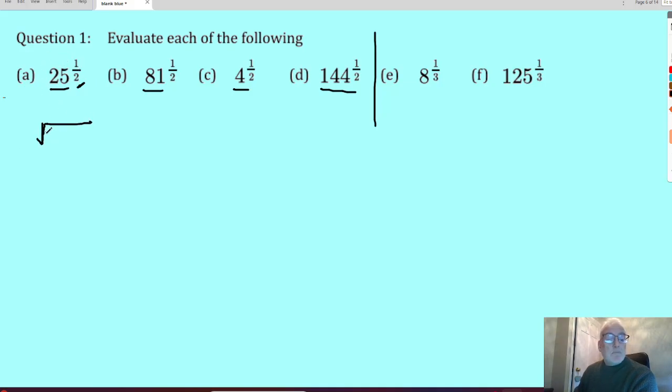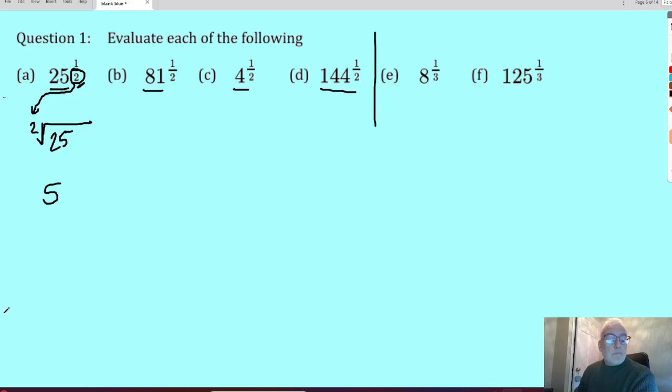So I'm going to put my base number inside the root sign, and the denominator of the fraction I'm literally going to put outside of my root. So in this one, this turns it into a square root, and we know that 5 times 5 equals 25. So the square root of 25 is just 5.